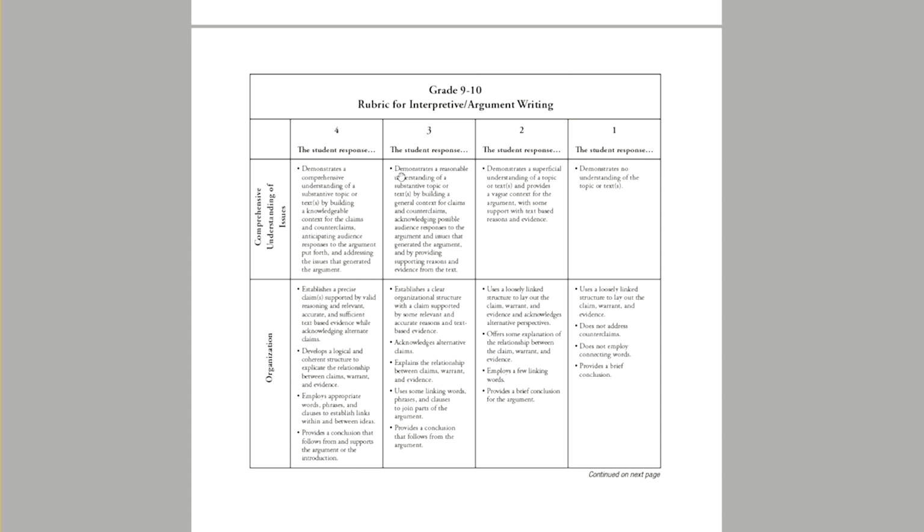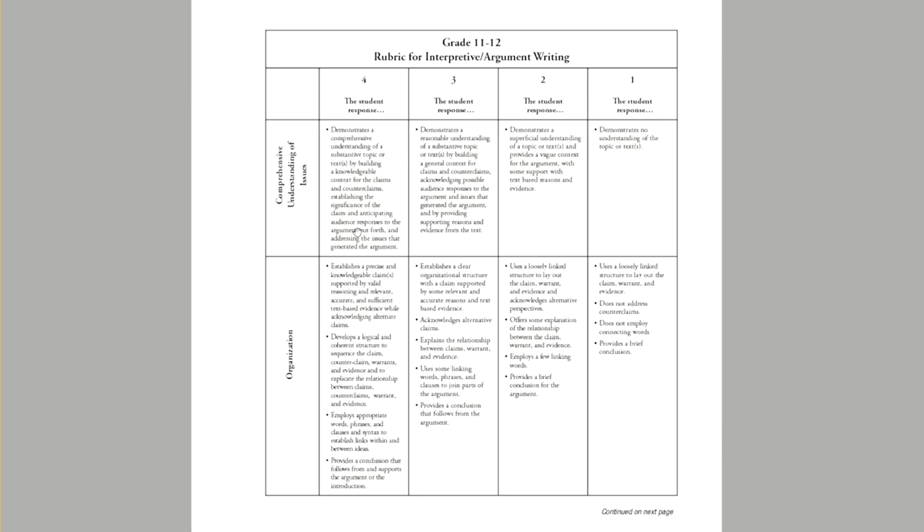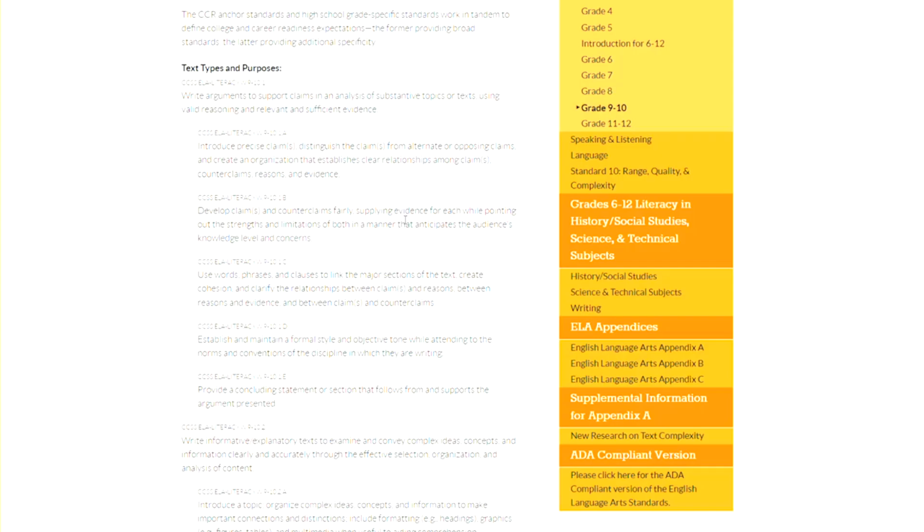So you'll see exact language in our rubrics, like in 12th grade, for example, we've got the requirement that students build a knowledgeable context for their claims, discuss counterclaims, establish the significance of their claims, anticipate audience responses, and we see that exact language in the standards.